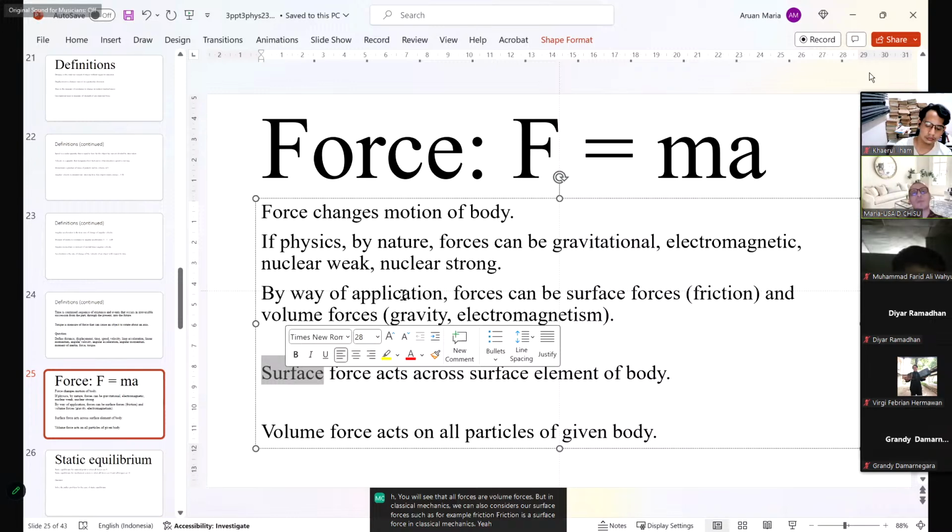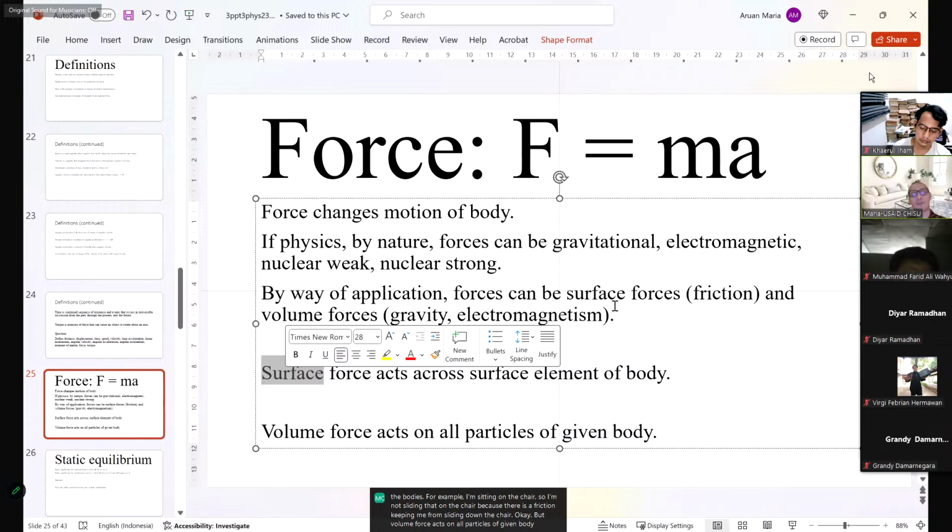By application, the force is a surface force because friction is in between the bodies. For example, I'm sitting on the chair, so I'm not sliding down the chair because there is a friction keeping me from sliding down the chair. But volume force acts on all particles of a given body.